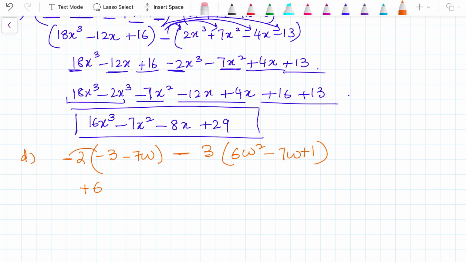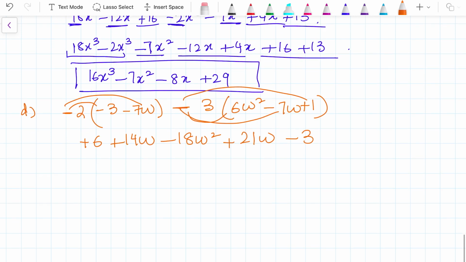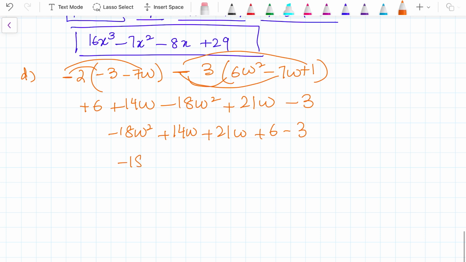Minus minus is a plus 6 plus 14w minus 18w squared plus 21w minus 3. Collect the like terms together. Plus 21w plus 6 minus 3. Minus 18w squared plus 35w plus 3.